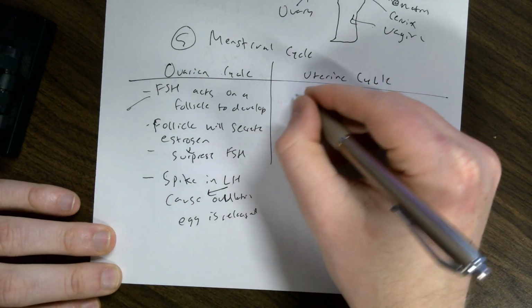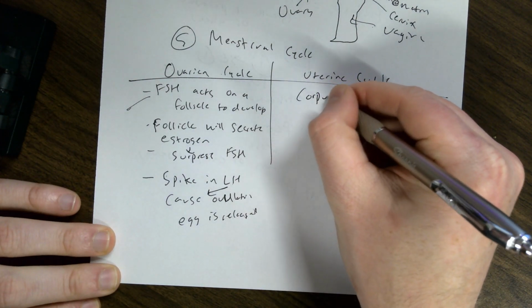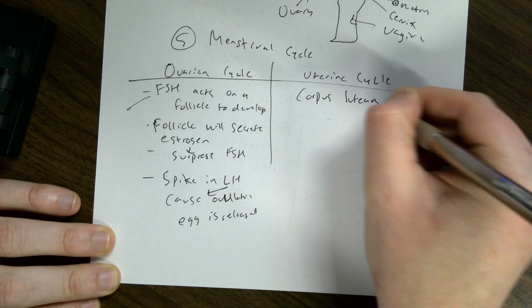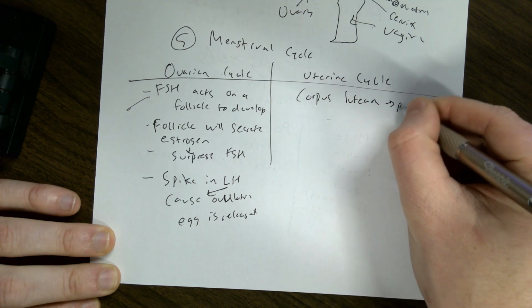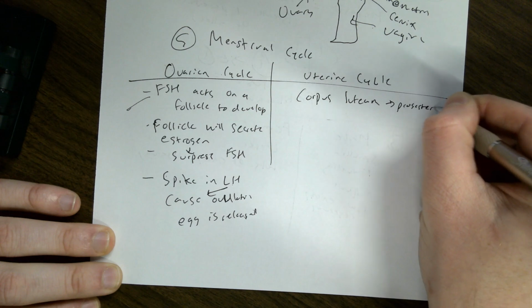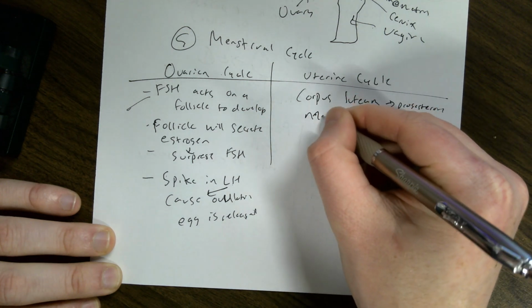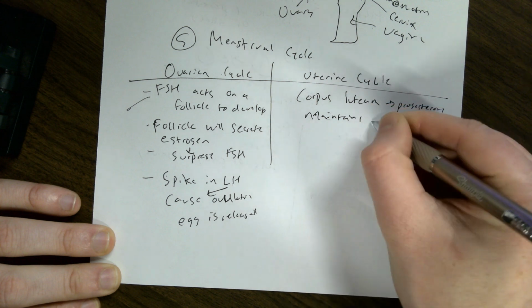During the uterine cycle, the follicle becomes the corpus luteum, and the corpus luteum will secrete progesterone. And progesterone maintains the endometrial layer.